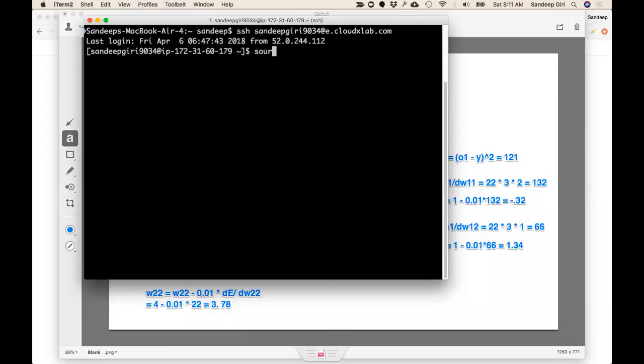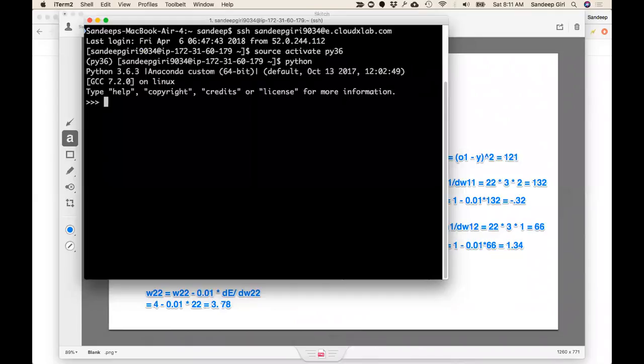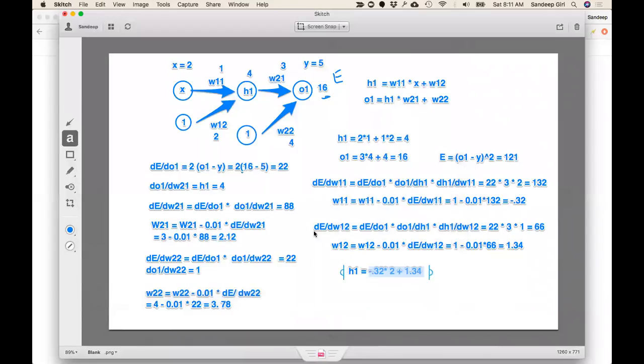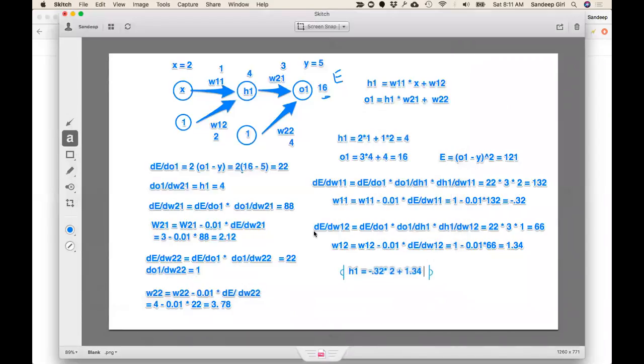In case you use Python from the console in CloudxLab, you can use the command source activate to activate the Python 3 environment. All right, so this is 0.7, right? Is this 0.7?